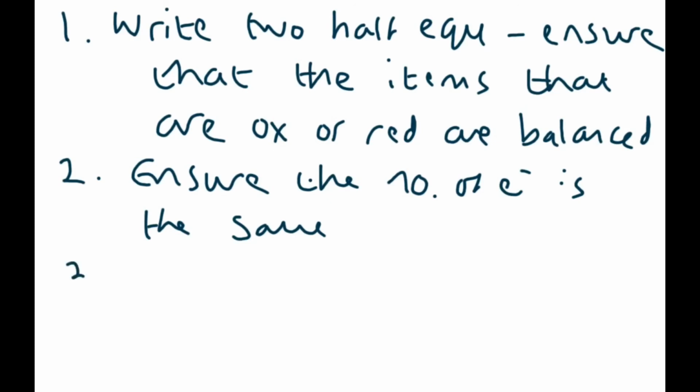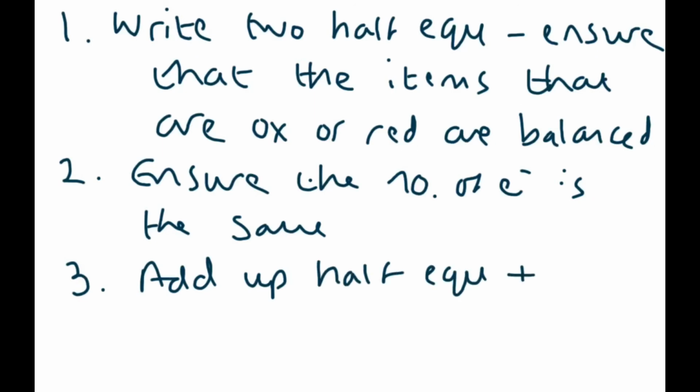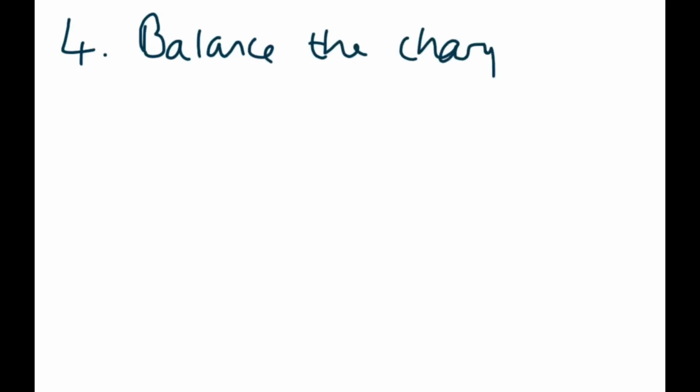Okay, then you need to add up the half equations and cancel out electrons. Then number 4, you need to balance the charge using either, and the question will tell you, H plus or hydroxide.